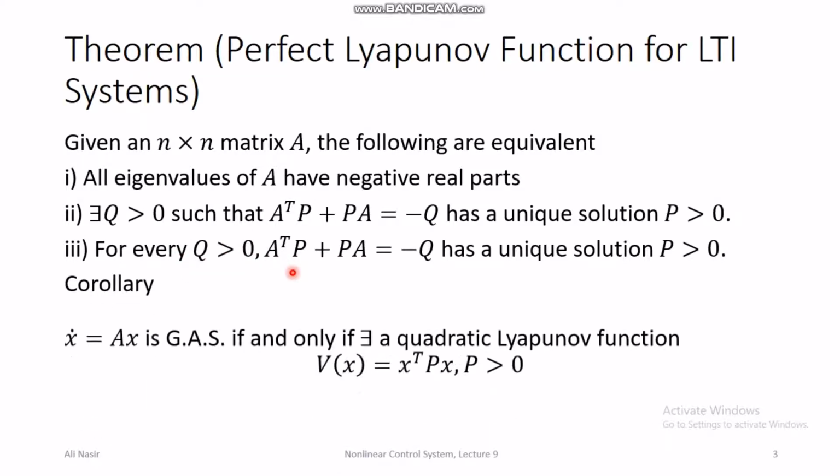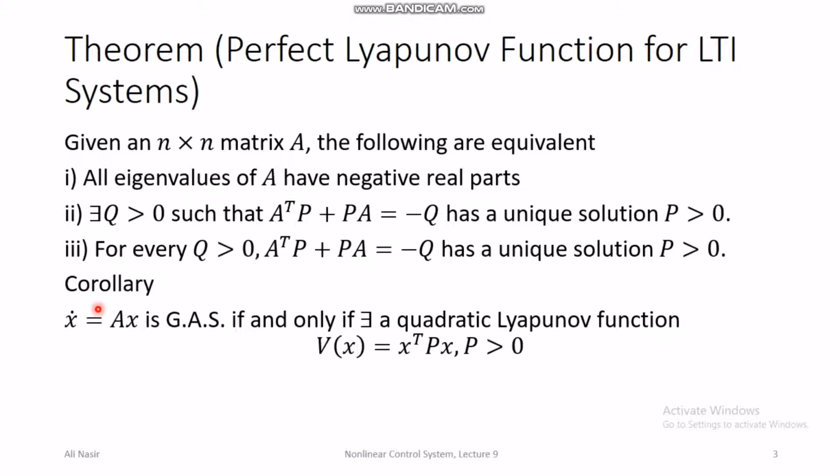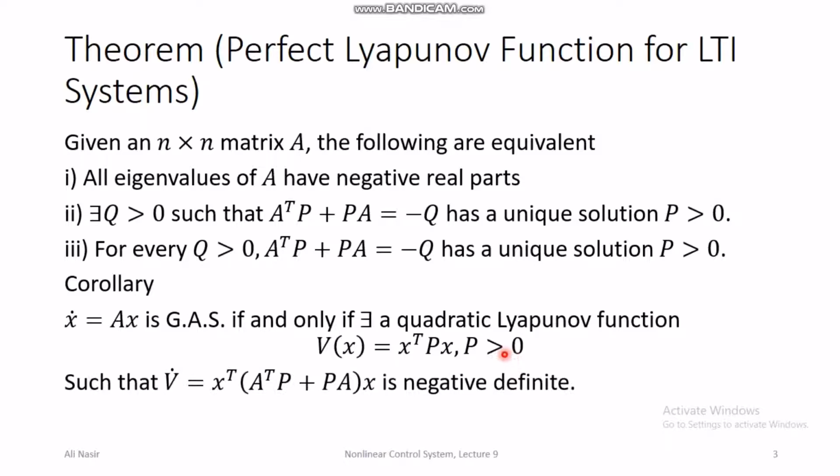A corollary of this theorem is that x dot equal A x is globally asymptotically stable if and only if there exists a quadratic Lyapunov function V of x equal to x transpose P x, where P is positive definite, such that V dot, which is x transpose times (A transpose P plus P A) times x, is negative definite.